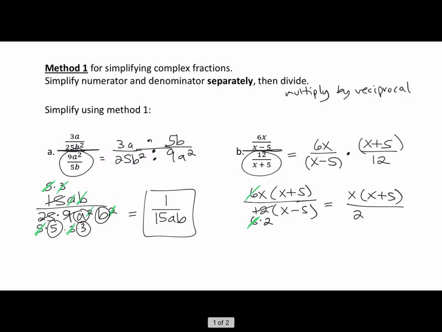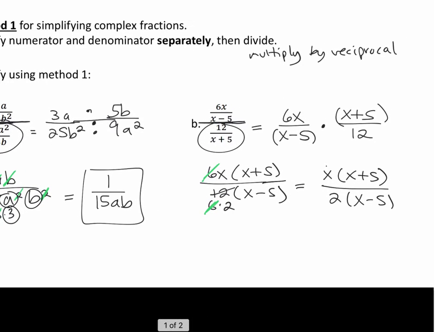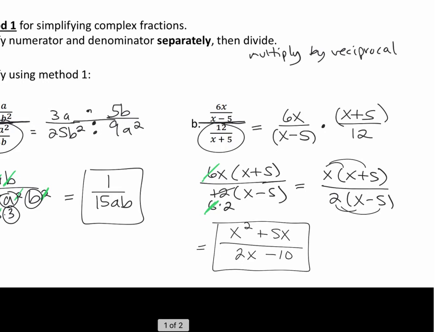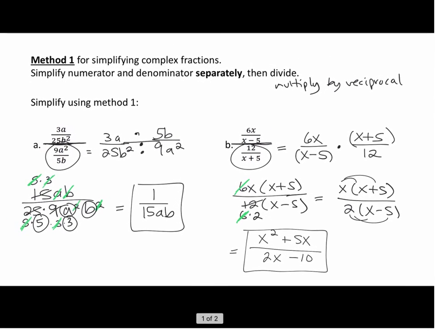In the denominator, we have a factor of 2 and x minus 5. So now that we know that this is as simple as this is going to get, we're just going to go ahead and distribute to remove parentheses. So in the numerator, that's x squared plus 5x. And in the denominator, that's 2x minus 10. So that would be our simplified complex fraction.